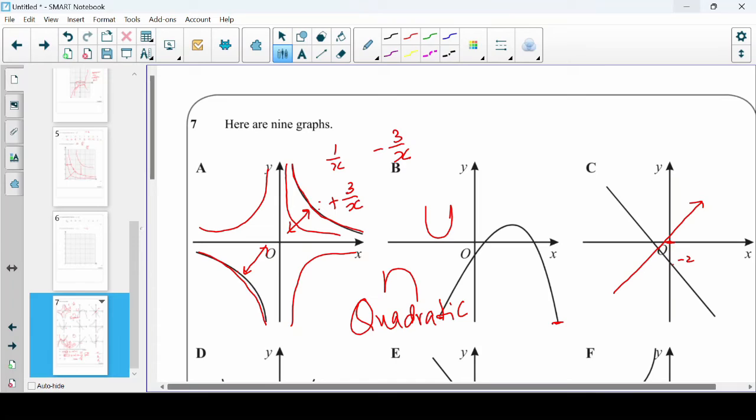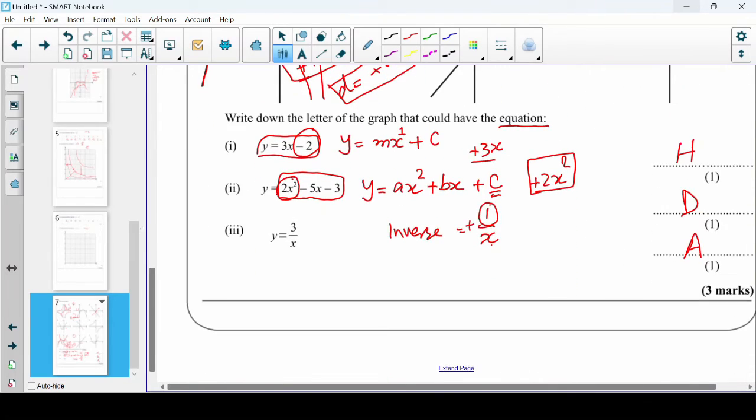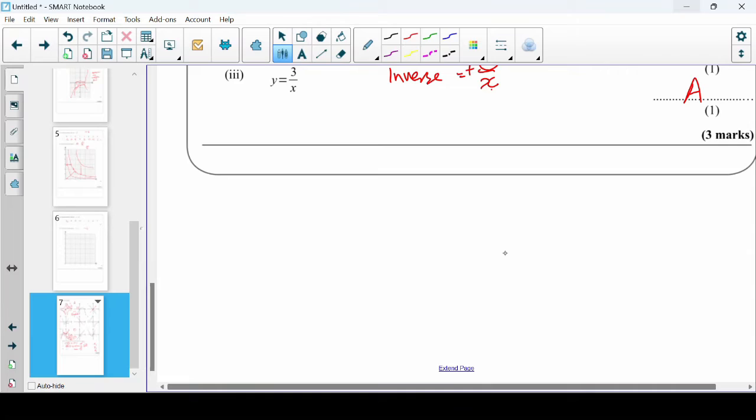In this video, we studied curved graphs, and there are basically a couple of types of curved graphs. Those are inverse graphs, and their equation is y is equal to 1 over x, or any number over x.